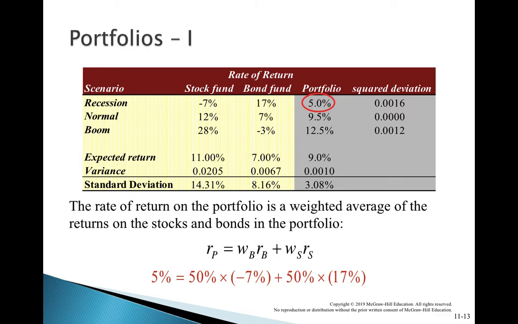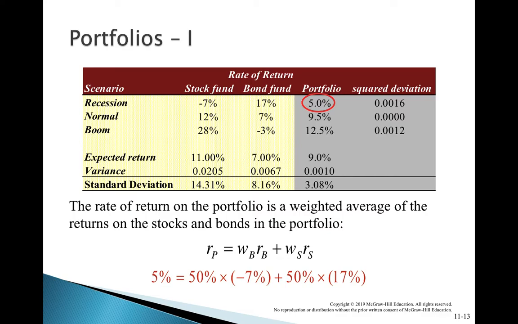Here the left hand side panel, the yellow shaded area, is for the individual securities, stock fund and bond fund, and the right hand side shaded area is for the portfolio. Here the portfolio's return is equal to the weight of bond fund multiplied by return of bond fund plus weight of stock fund multiplied by return of stock fund.